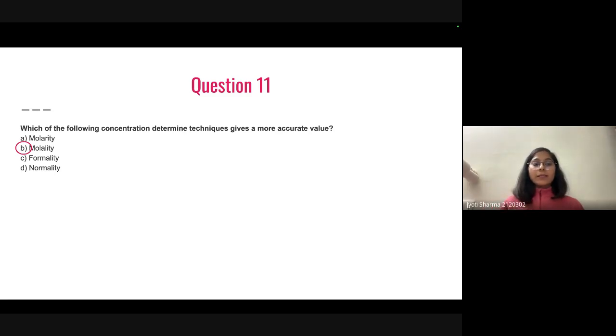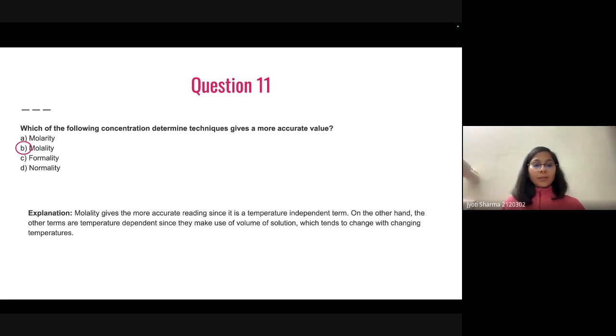So it is not dependent on the temperature. So the more accurate technique is molality. Is it clear? Molality gives the more accurate reading since it is a temperature independent term.